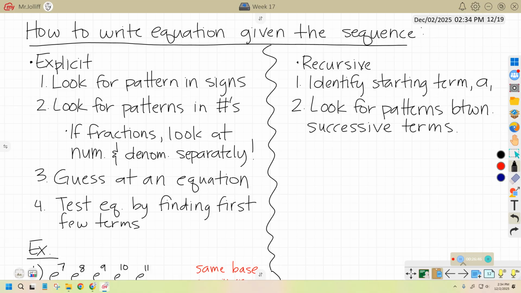Am I adding 3 each step? Then it's just A sub n minus 1 plus 3. Am I multiplying by 2? Am I changing sign? What am I doing?